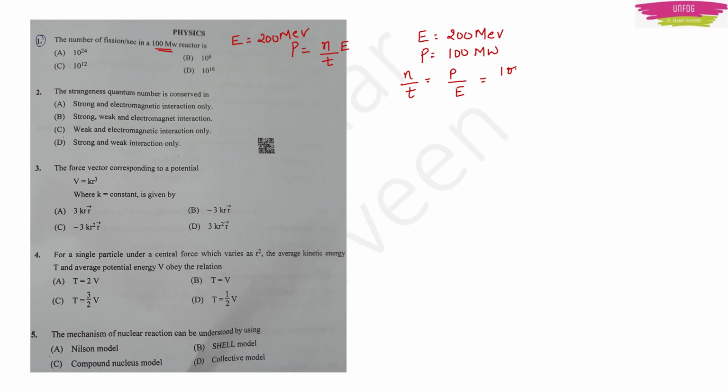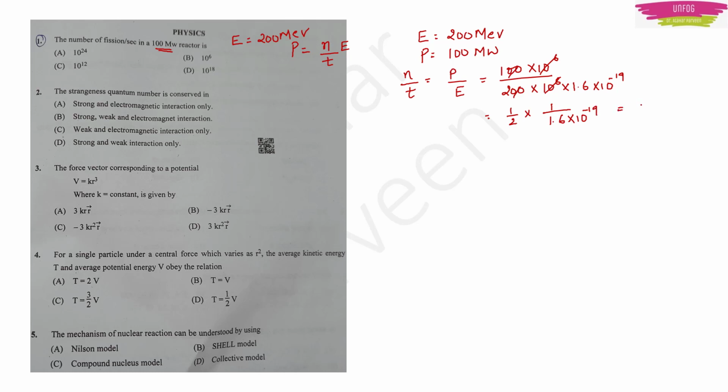This power is 100 into 10 raised to 6 divided by energy 200 into 10 raised to 6 eV. eV is 1.6 into 10 raised to minus 19. Now if I cancel all this, I get 1 by 2 into 1 by 1.6 into 10 raised to minus 19.